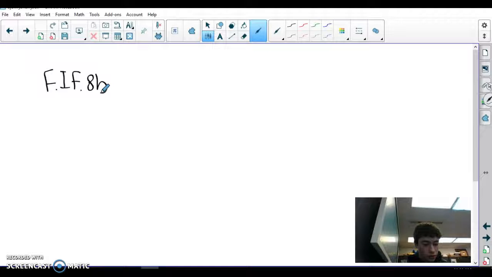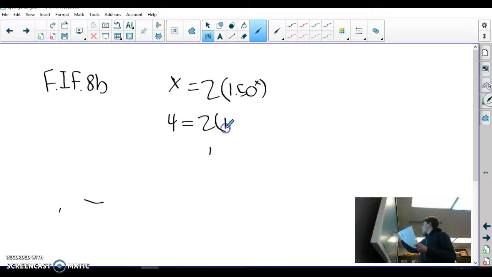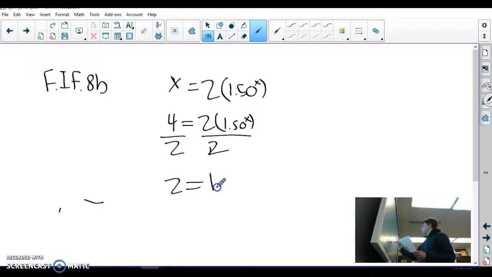My equation is 2 times 1.5 to the x. Alright, so how you do this is, I'm just gonna plug in 4 so you can actually have an answer. First you divide by 2 to get it out of there. So it's gonna be 2 equals 1.5 to the x.